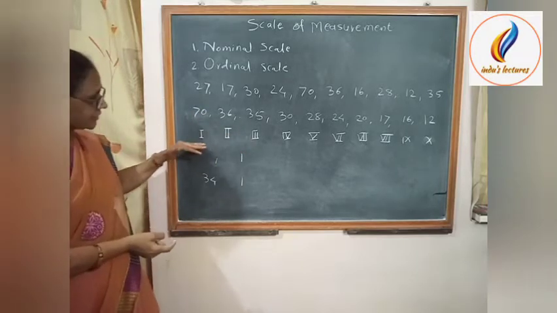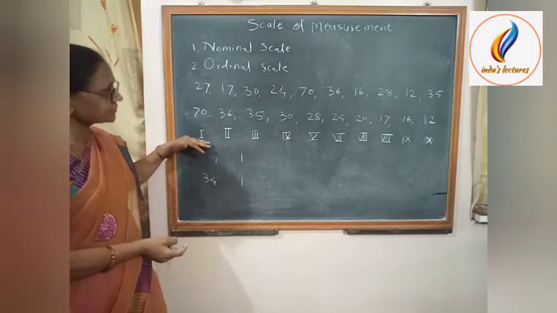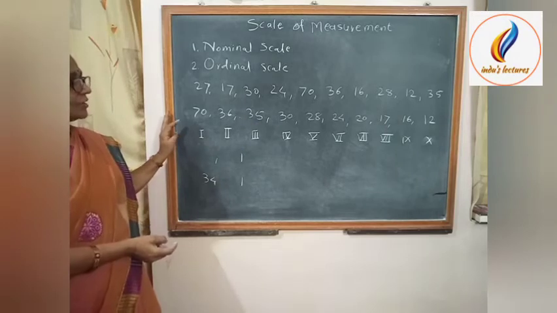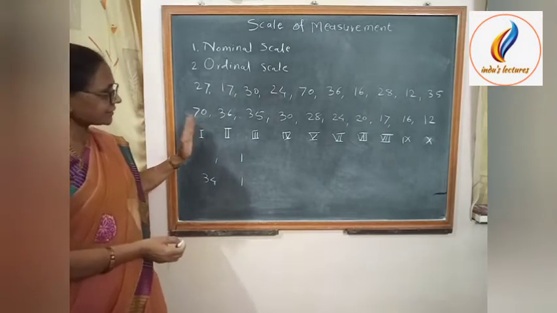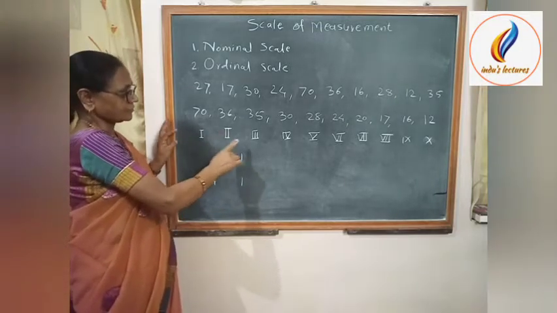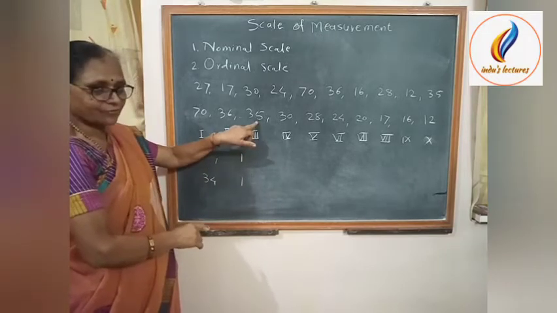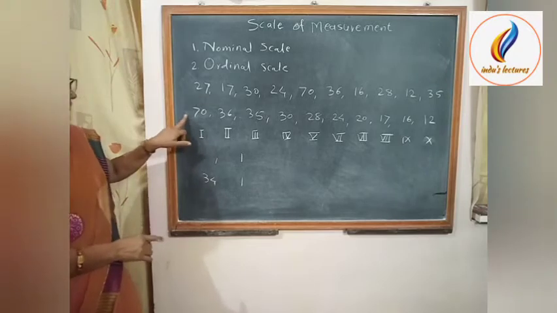So this scale of measurement has no real zero. Suppose the third rank holder's score is 35 and the first rank holder's score is 70.